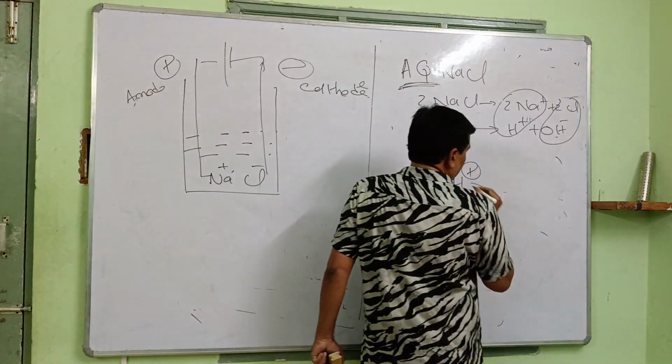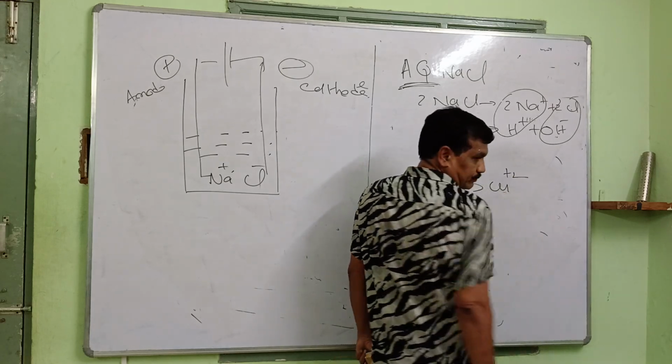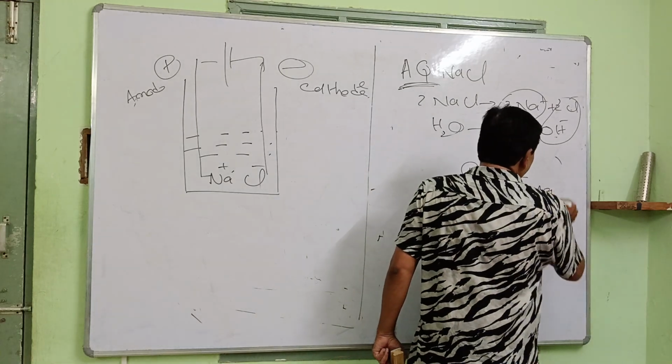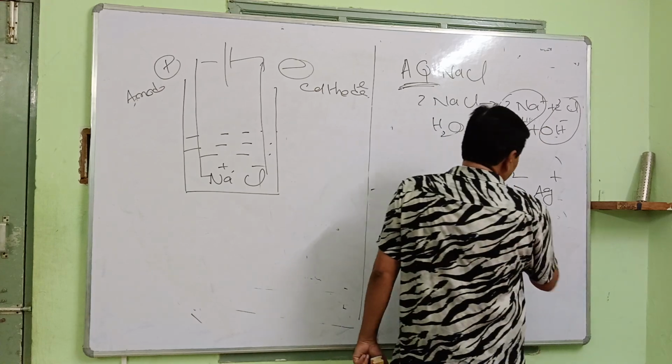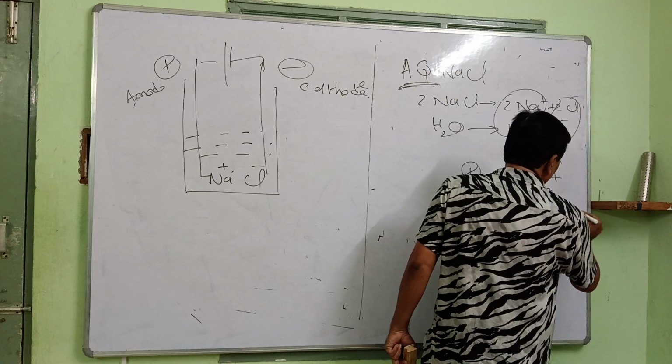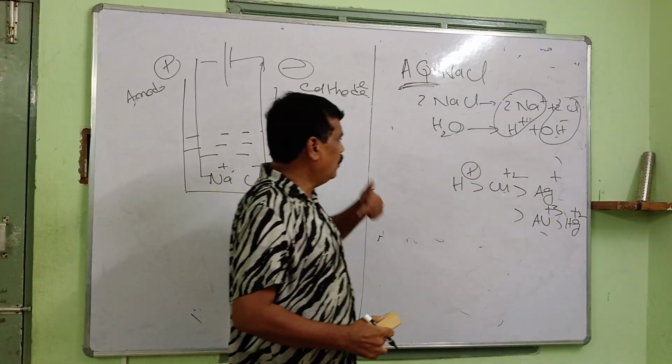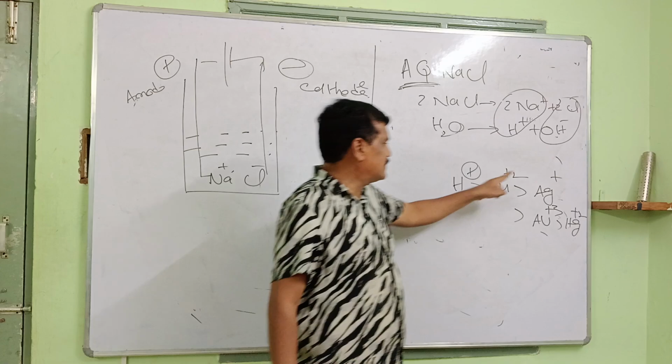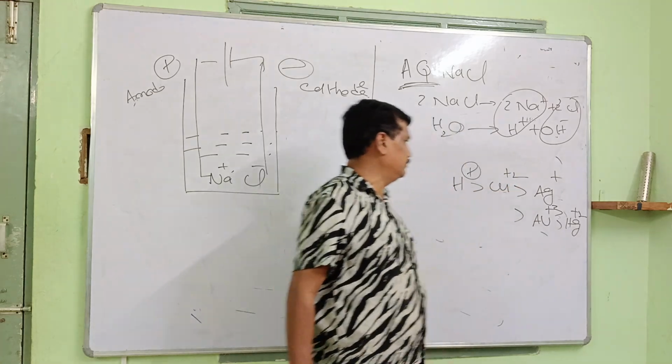That is Cu2+, Ag+, Au3+, and Hg2+. So below hydrogen: copper, silver, gold, mercury.